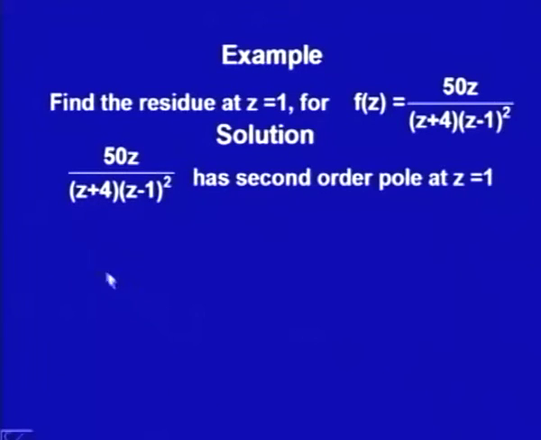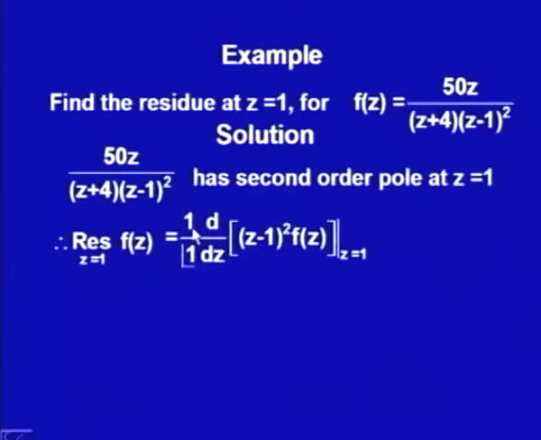So I would use the second formula we just obtained, which says that the residue at z equal to 1 of f(z) is 1 upon factorial (m minus 1), where m is 2 now. So, 1 upon factorial 1, d upon dz of (z minus 1) square f(z), evaluated at z equal to 1.